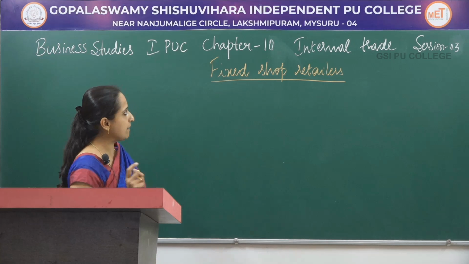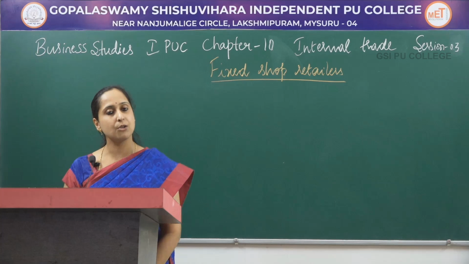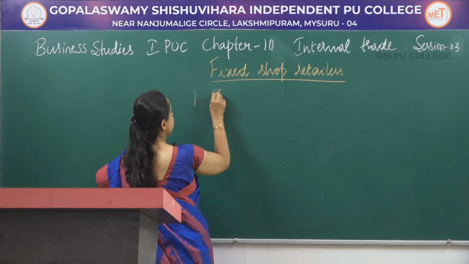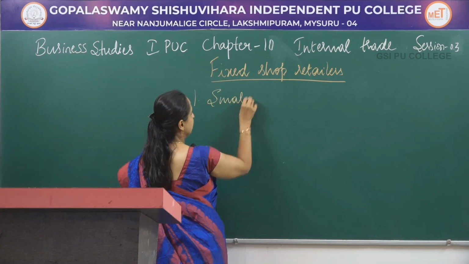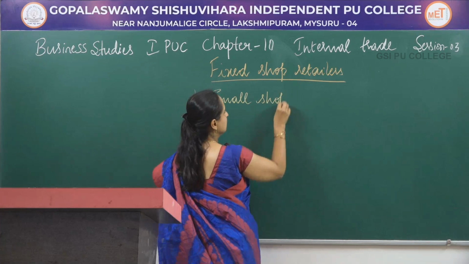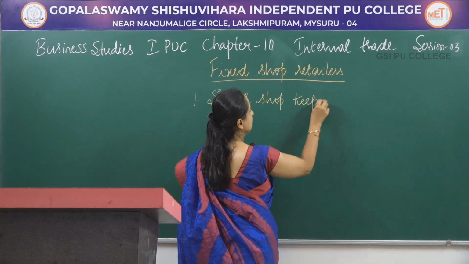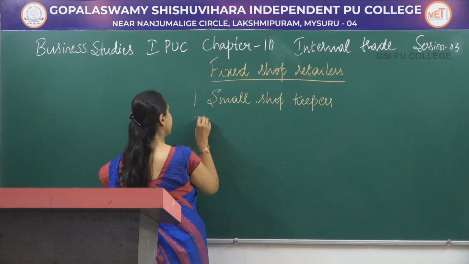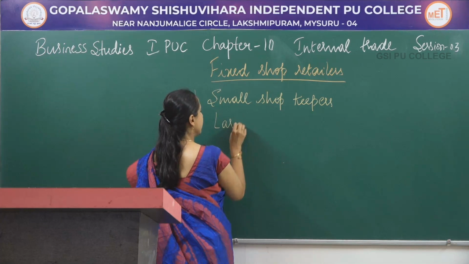Now coming to the types of fixed shop retailers, there are two types. First one is small shopkeepers and second is large retailers.